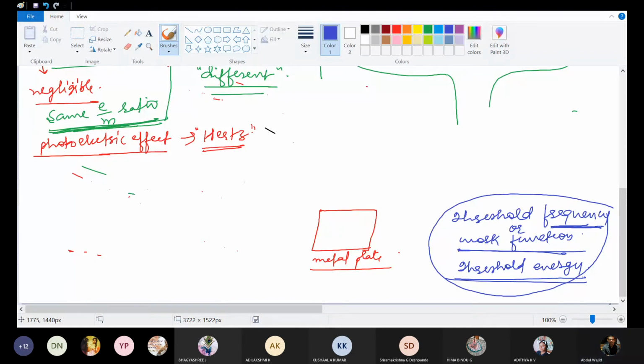Fine. Now see, light falls on the surface of this metal. This light will have some energy or frequency.